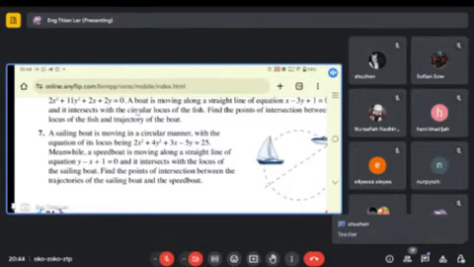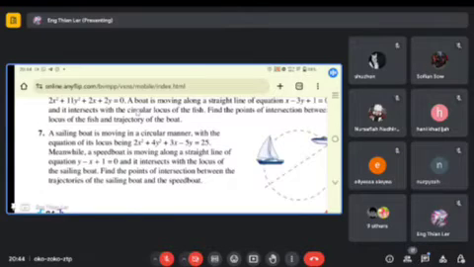The ascending boat is moving in a circular manner, with the equation of its locus being 2x squared plus 4y squared plus 3x minus 5y equal 25. Meanwhile, a speedboat is moving along a straight line, y minus x plus 1 equal to 0.